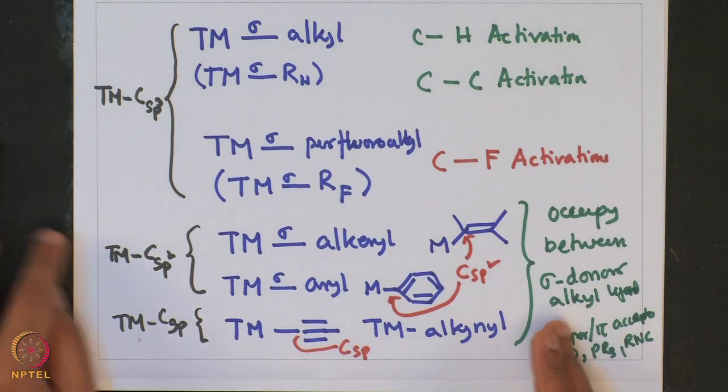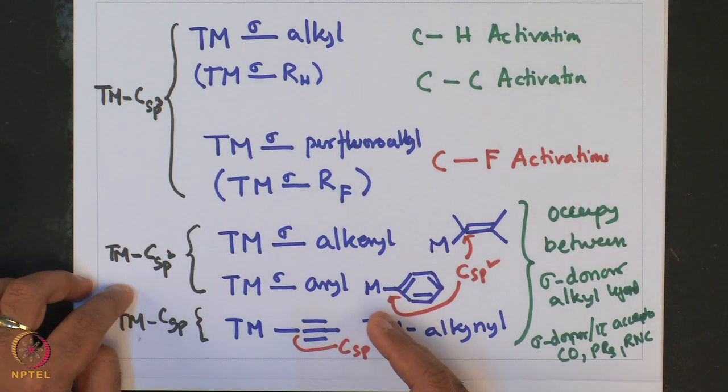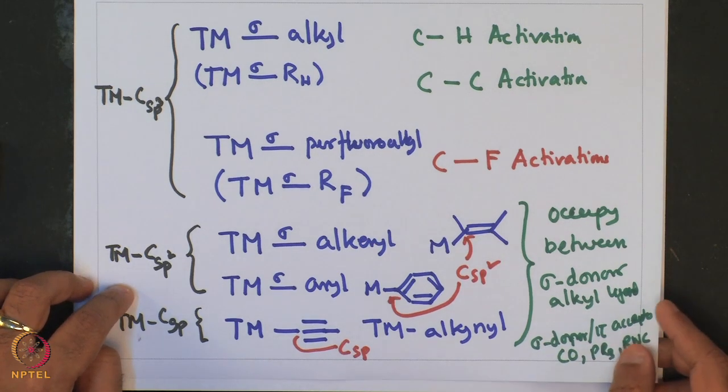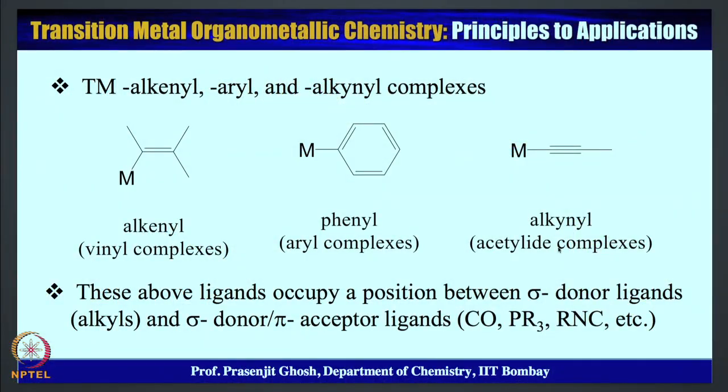Now, this is a very important statement as far as these ligands are concerned. In terms of their bonding with the transition metal, they occupy a position between completely sigma donor ligands and sigma donor pi acceptor ligands.